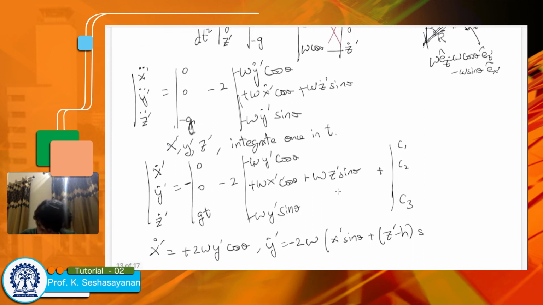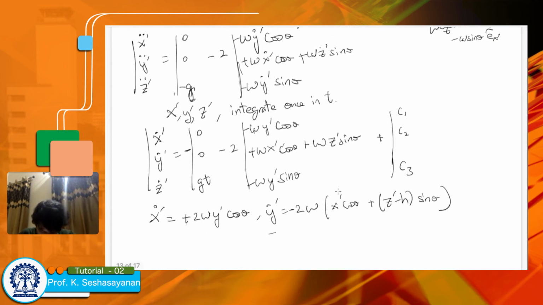So you get cos theta here and sin theta, and you get z prime dot equal to minus gt plus 2 omega y prime sin theta.